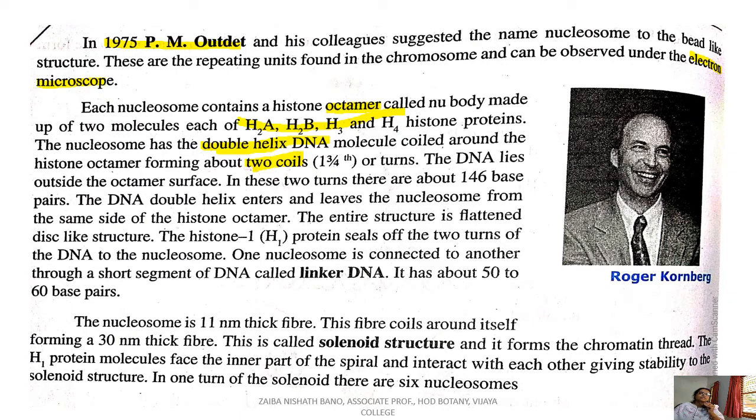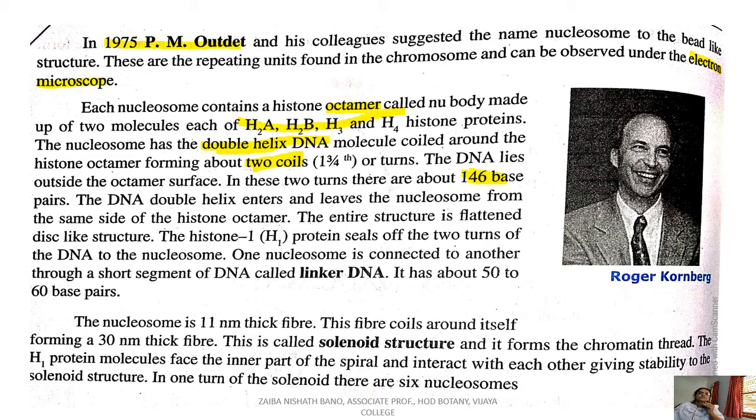In these 2 turns, there are about 146 base pairs, and the DNA double helix enters and leaves the nucleosome from the same side of the histone octamer. If it enters from one side, it will complete one round to the point where it entered. Again one more round, it will come to the same end where it had entered, and it will leave. So before it leaves, it creates about 1 3/4 turns and comes out as linker DNA.